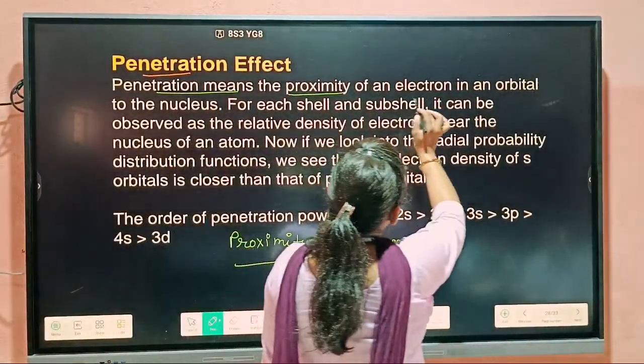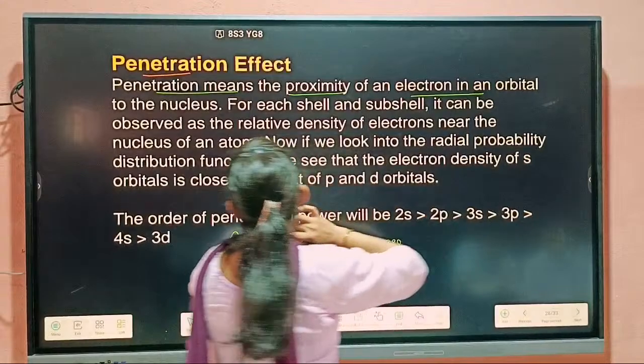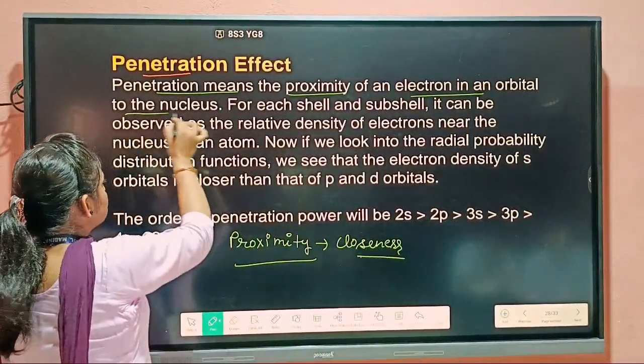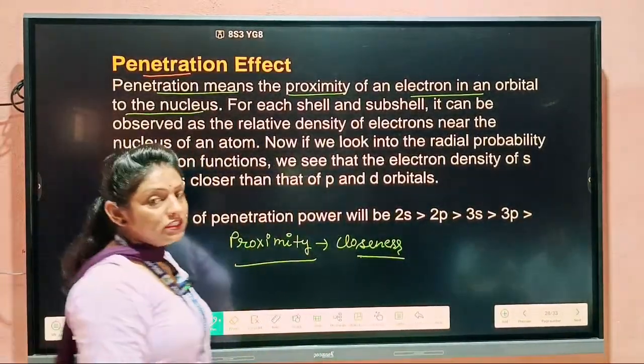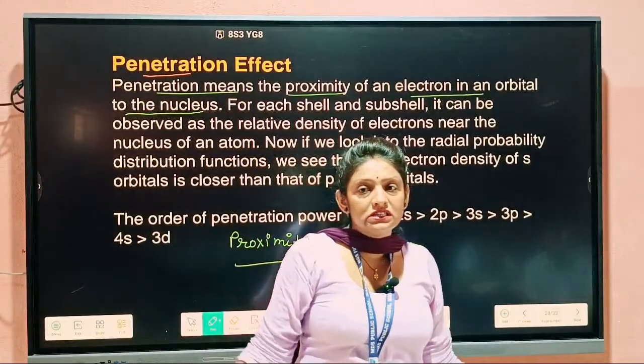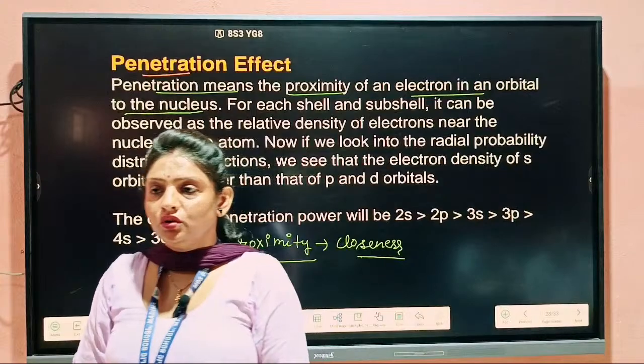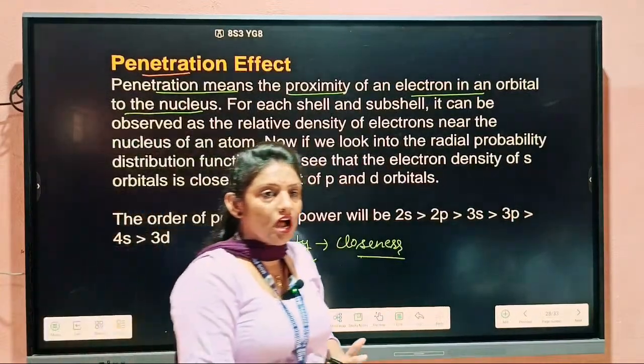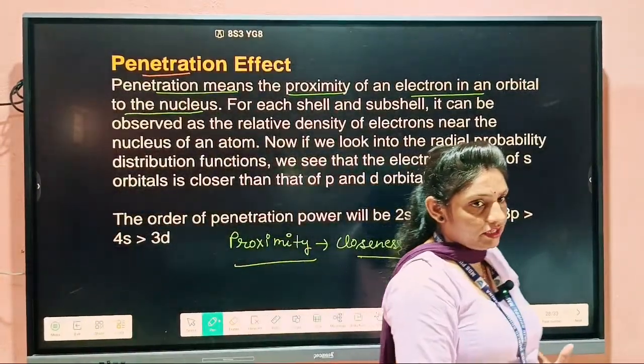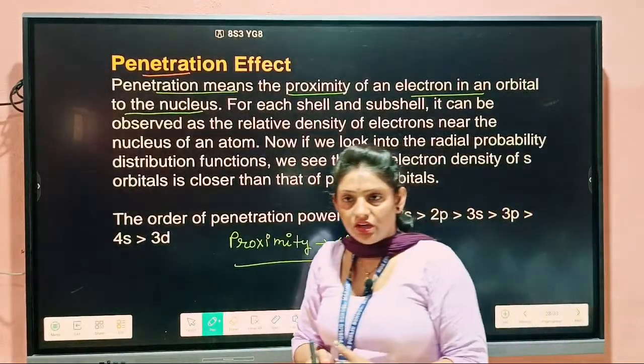Penetration means the proximity of an electron in an orbital to the nucleus. It means how close, how near the electron is to the nucleus. That is known as the penetration effect.